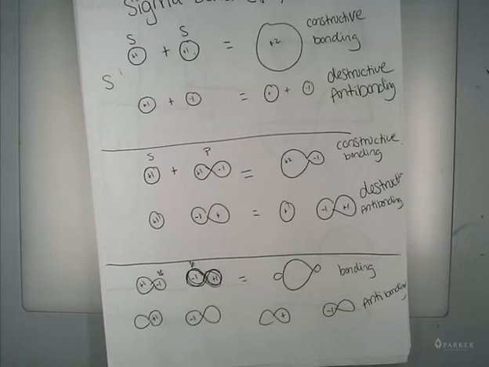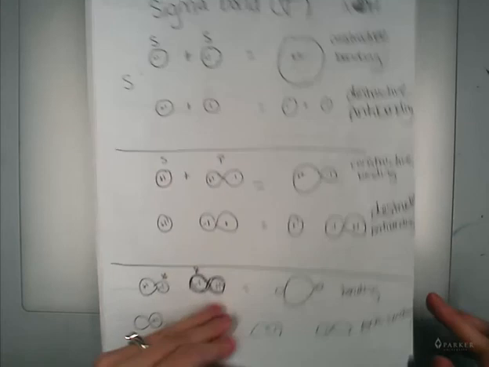All right, so let's pick up where we left off. So these are all of our sigma bonds. They only overlap in one area. So now let's look at what's called a pi bond.